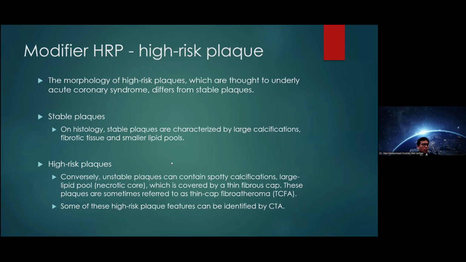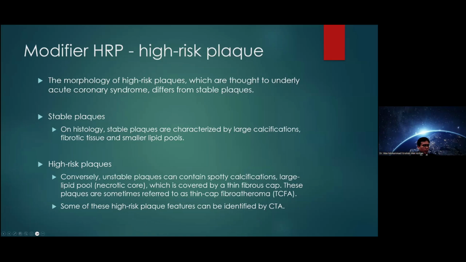Stable plaques are those that are calcified, characterized by large calcification, fibrotic tissue, and smaller lipid pools. Whereas high-risk plaques on histology contain spotty calcifications, a large lipid pool or necrotic core, which is covered by a thin fibrous cap.